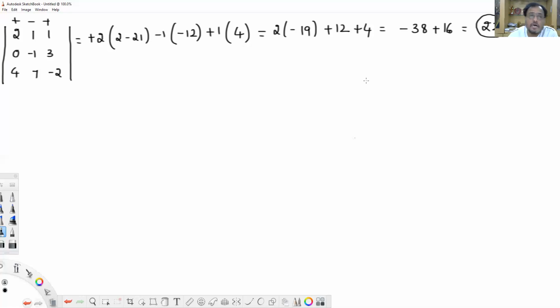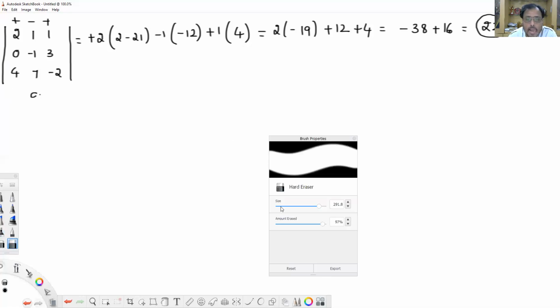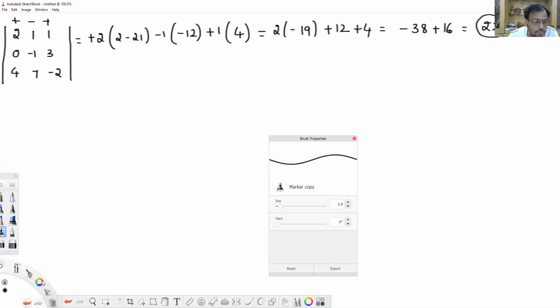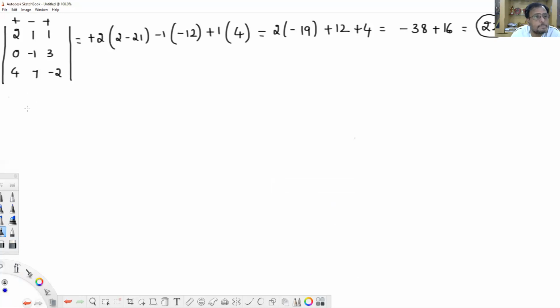Columns means you can do any operation you want. I'm going to take now C1, look here. What I'm going to do is take C1 plus C2 plus C3.